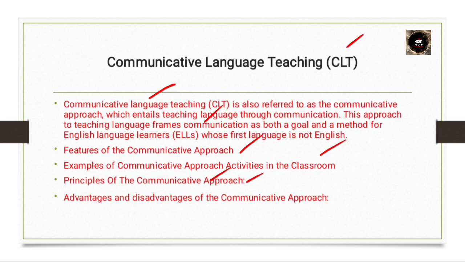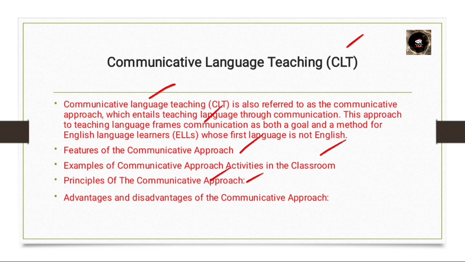Motivation is central. Teachers should raise students' interest from the beginning of the lesson. The role of the teacher is that of a guide, a facilitator, or an instructor. Trial and error is considered part of the learning process. Evaluation concerns not only the learner's accuracy but also their fluency.